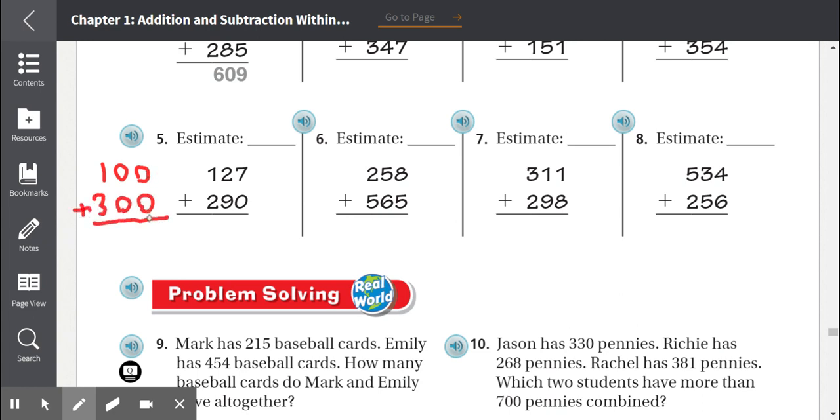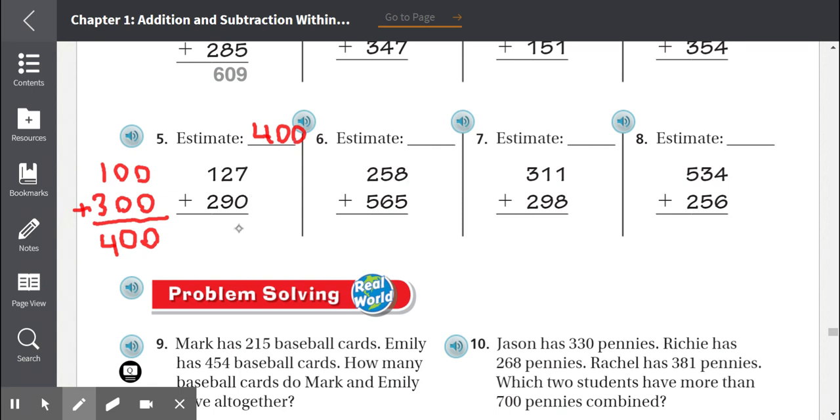We add that. First, we start with the ones. 0 plus 0 is 0. Then the tens. 0 plus 0 is 0. Then the hundreds. 1 plus 3 is 4. So that means our estimate is 400. And when we solve our problem, the answer is going to be close to 400.